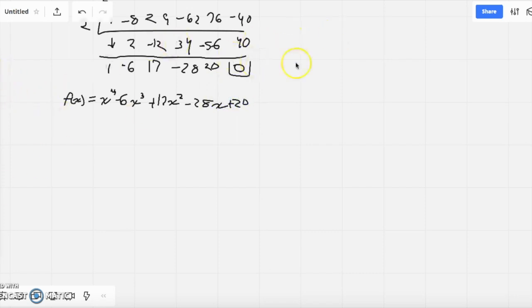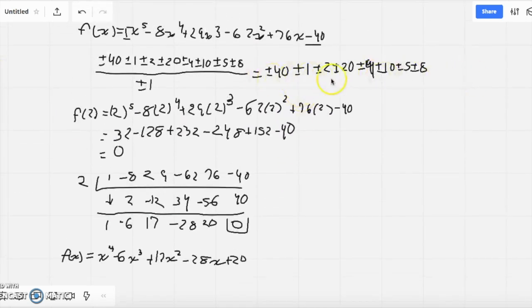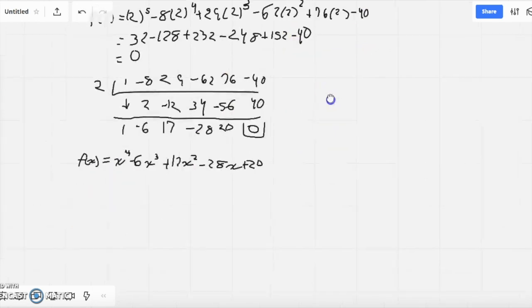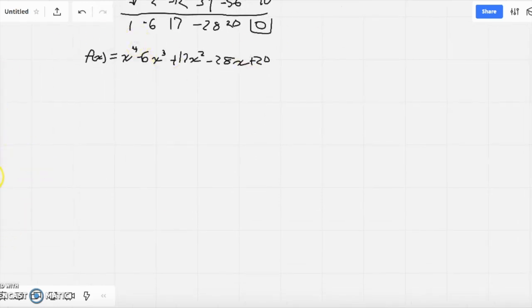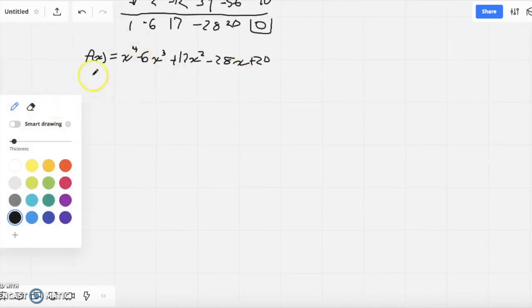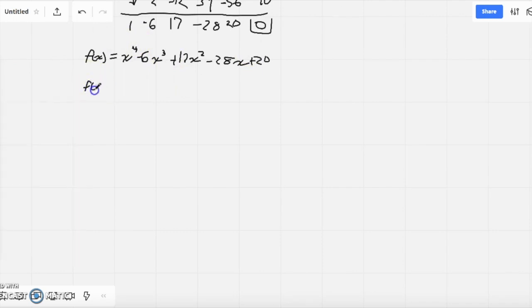So we're going to repeat the same process by plugging these possible factors in, starting again with plus or minus 1 into this equation, and we'll see again that 2 is a factor. We'll see this when we plug it in, so f of 2 is equal to 2 to the fourth minus 6 times 2 to the third plus 12 times 2 squared minus 28 times 2, and then finally plus 20.